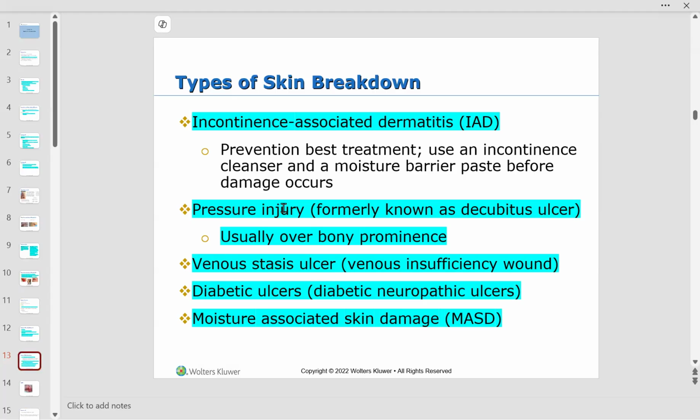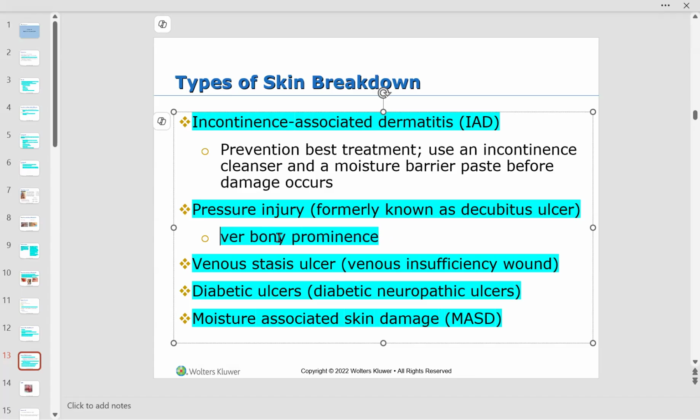Pressure injuries, pressure ulcers, they used to be called decubitus ulcers. They're over a bony prominence, right? Areas of the body where the bones kind of jut out. Venous stasis ulcers, which is a venous insufficiency wound. That is from bad venous return.